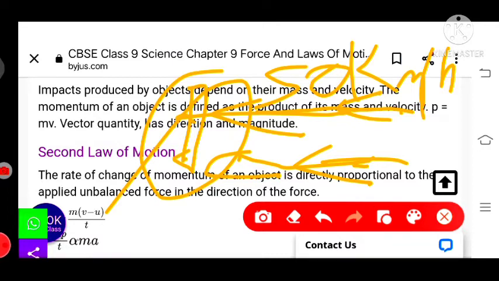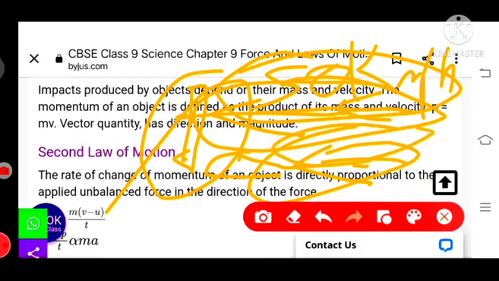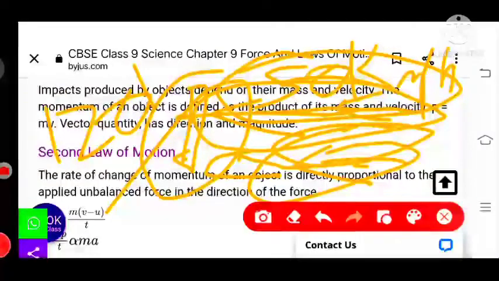So why is this impact produced? Because the mass of the truck is more than the bike. The product of mass and velocity is momentum. So the velocity is the same, but the mass will increase. Like the normal bike mass is, assume, 120 kg, and an ordinary truck mass is in the thousands.